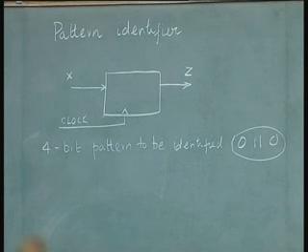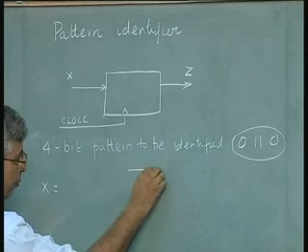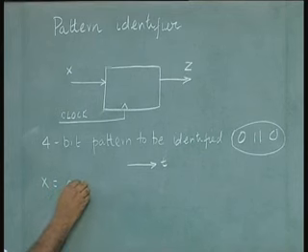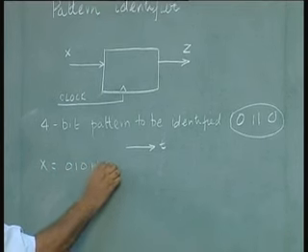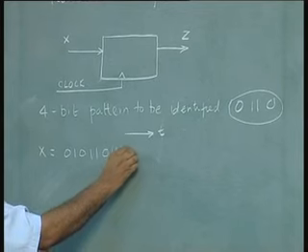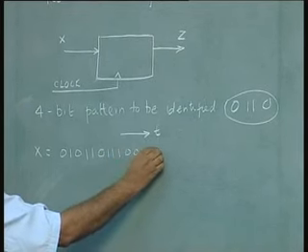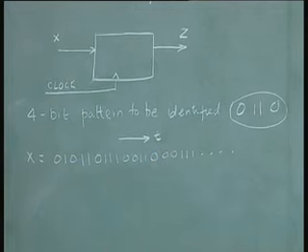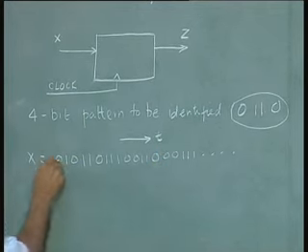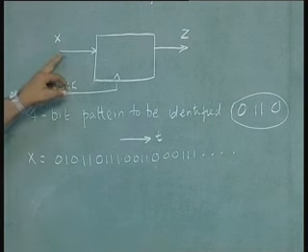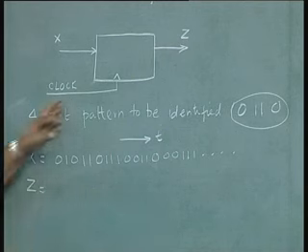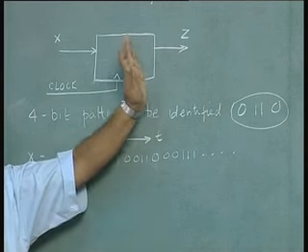I will give you an example. Let us say X is serial in time, it occurs like this: 0 1 0 1 1 0 1 1 1 0 0 1 1 0 0 0 1 1 1 etc. That means with each clock pulse one input bit occurs at the input, and the output should be, initially we assume the output is 0, it is called the reset condition.